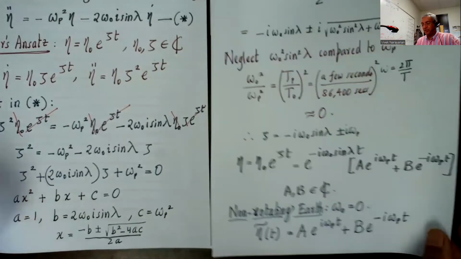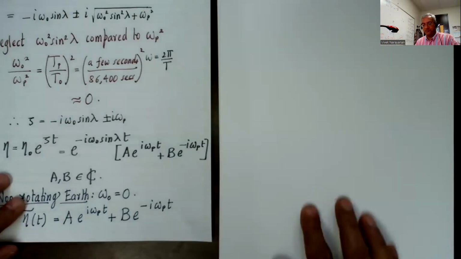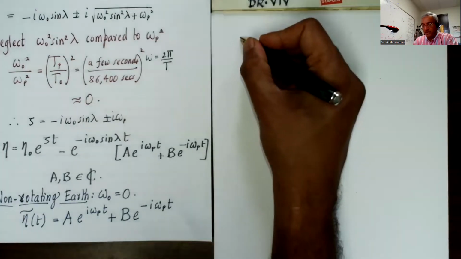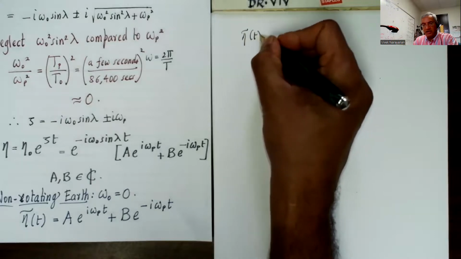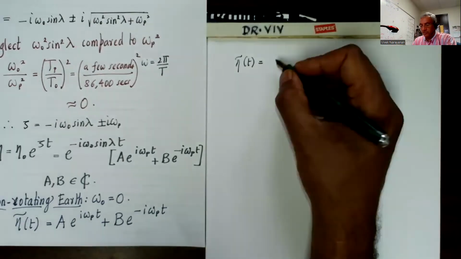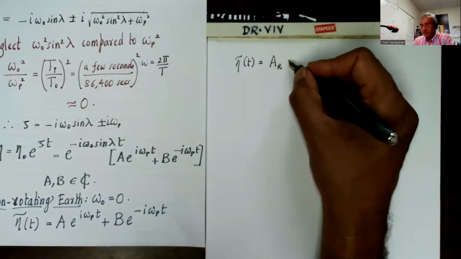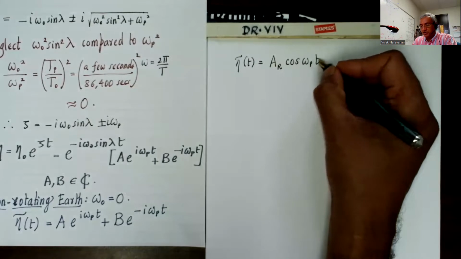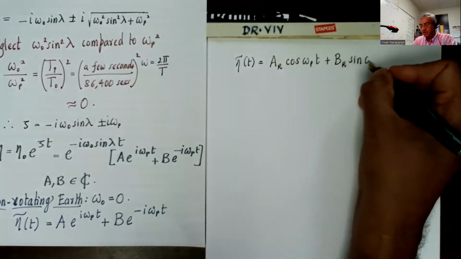So it's easy to show that this can be written in terms of real quantities, if you want real things. You can write this as eta t equals some real quantity, a real cosine omega p t plus b real sine omega p t.